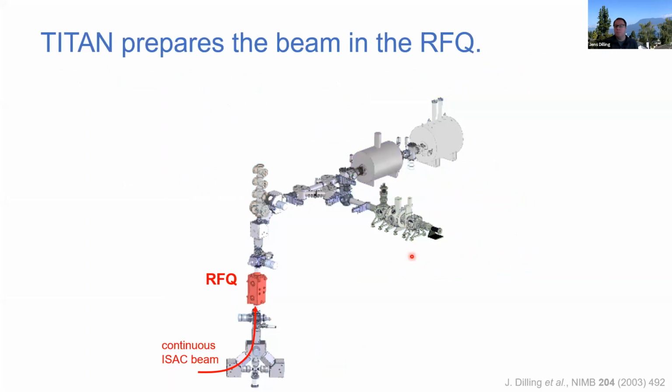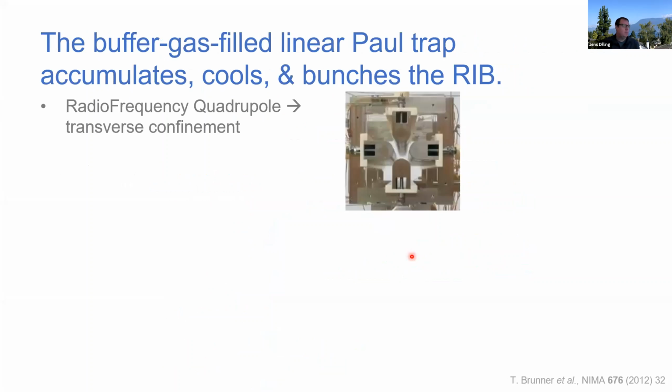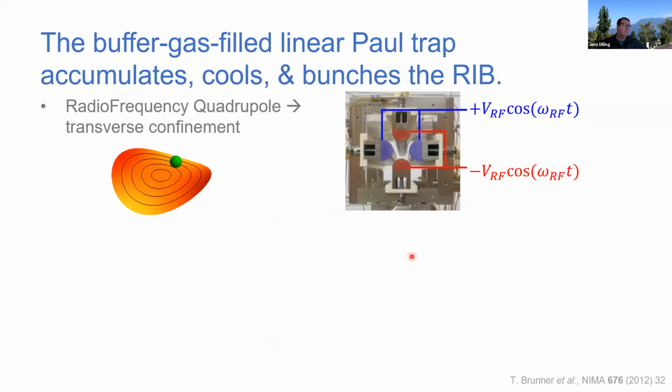Well, let's start slow. I'm going to start with the RFQ. An RFQ is a radio frequency quadrupole, and it allows transverse confinement. Here you look basically along the axis of where the ions are injected, and you see these four half circles, and they have opposite RF polarity.